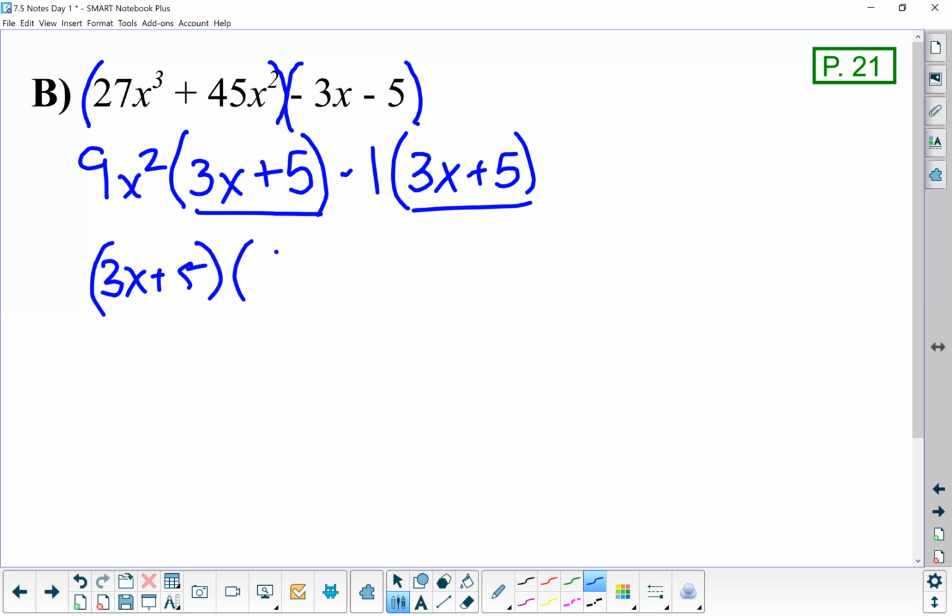And when we factor that out, we have 9x squared minus 1. So again, check this second factor. Can we factor it? 9 is a perfect square, 1 is a perfect square. This one can be factored. So we do need to take one more step.